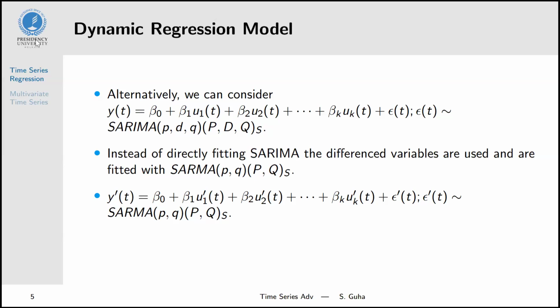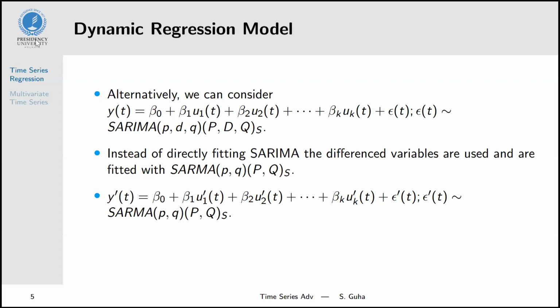Now, once you have some estimated values of beta 1, beta 2, beta k, you can simply plug them into the original equation, and then looking at the original equation, you'll be able to say how much this yt, the number of dengue patients, is related to the first variable, which is the daily temperature.